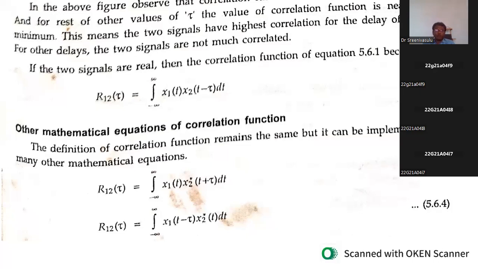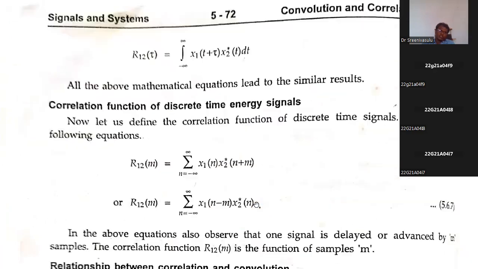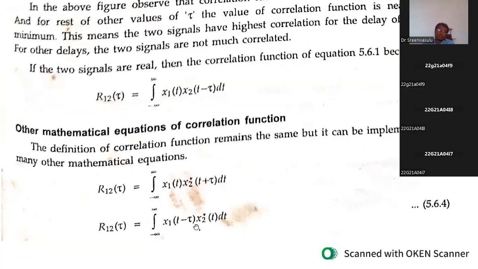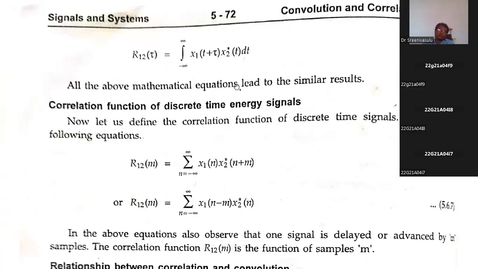One signal is fixed, another signal is shifted. In the previous equation, we performed the shifting operation on the second signal. Now in this equation, the second signal is fixed, the first signal is delayed or advanced, depending upon the tau values. So that is the basic idea. It is the cross correlation. Usually whenever two signals are there, the formula is nothing but cross correlation.